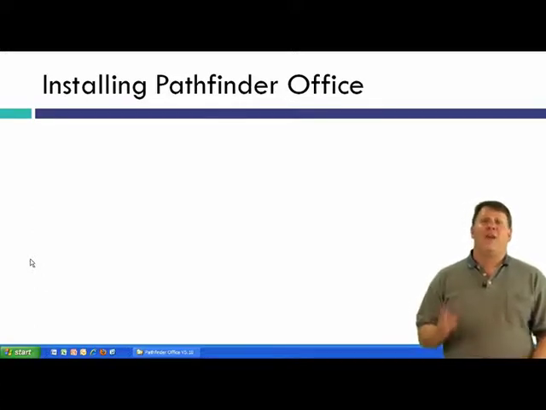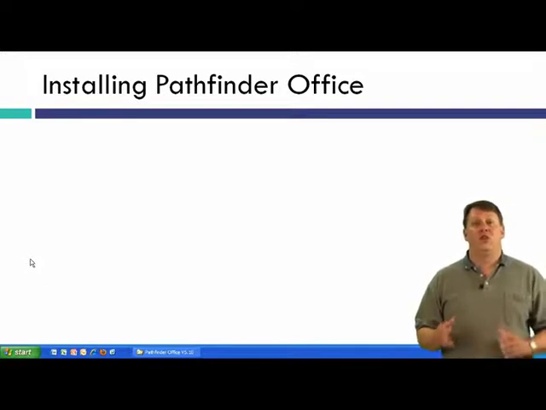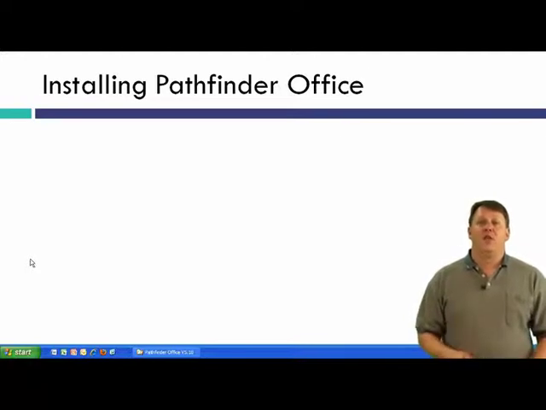That file's in a zip file format, so go ahead and unzip it. You also need to make sure that you've got your installation code or serial number that came from the registration side of the Pathfinder Office pop-in number. Feel free to pause the video to perform those operations.